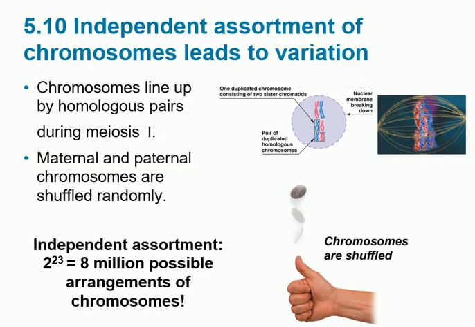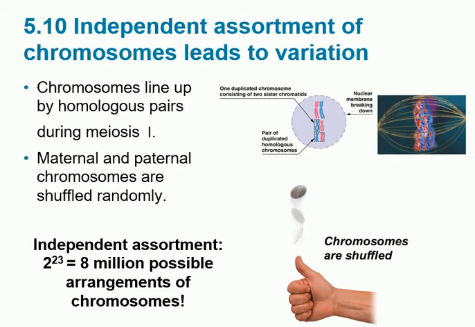For maternal and paternal. Like, this one has 23, this one has 23. Which 23? The parents will have a lot of chromosomes, okay? Which ones will come to this specific sperm? You don't know. I know it's 23 anyway, but which 23? You don't know. Same thing for the mom.